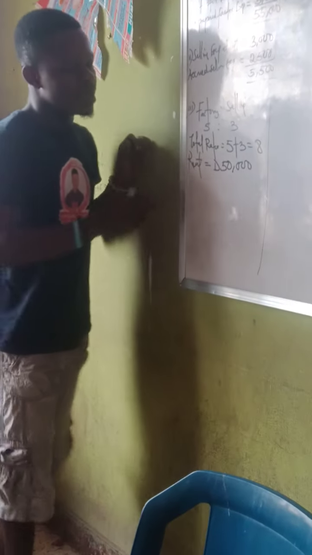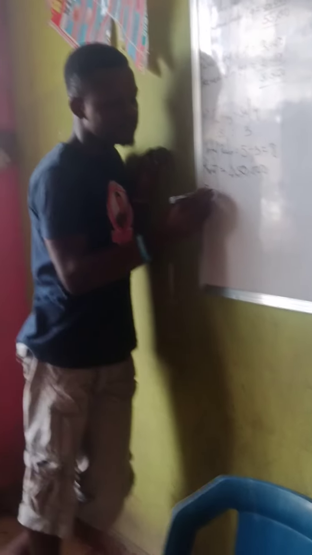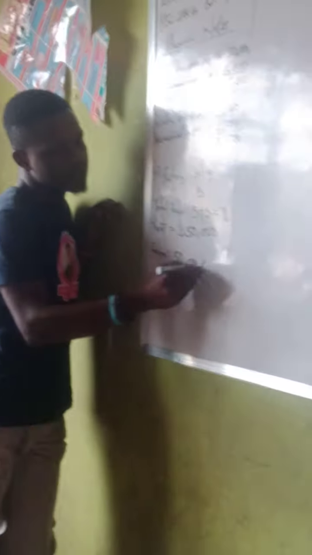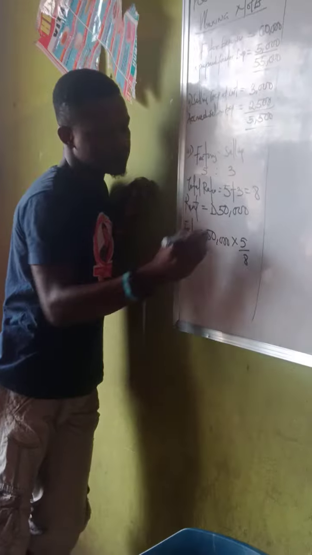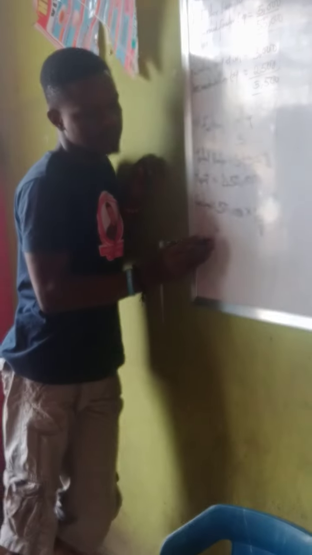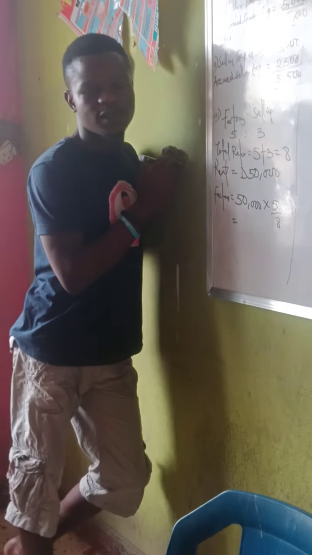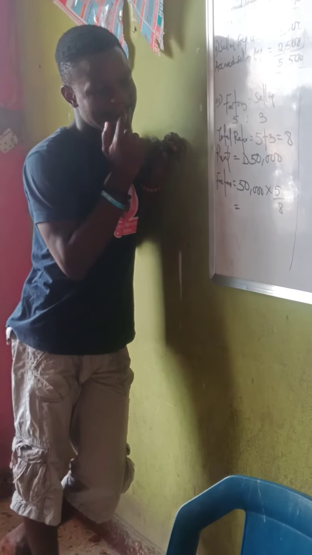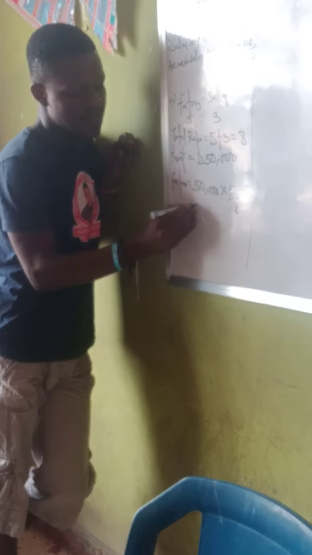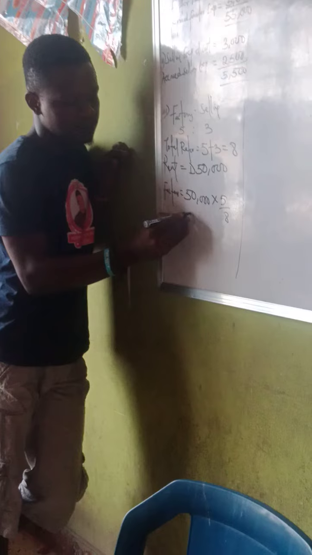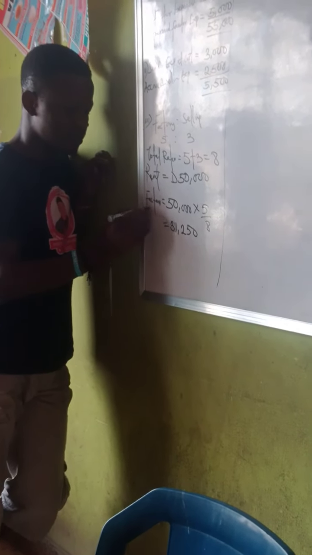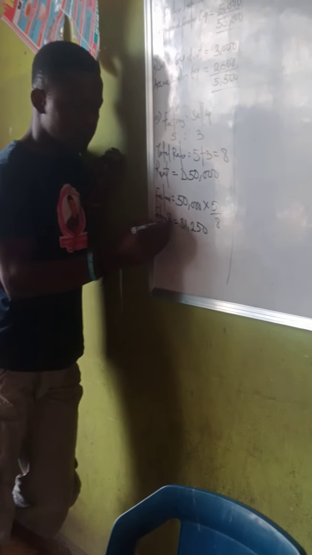Now for the factory, that will be 50,000 times 5/8. Calculator, please. That's 31,250. That's our factory rent.